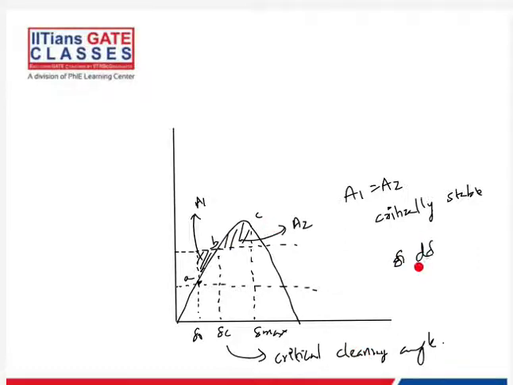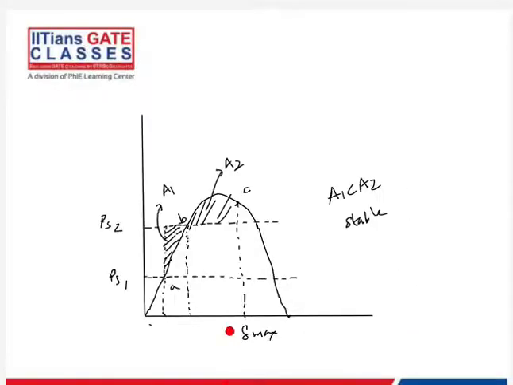At this critical clearing point, dδ/dt will be exactly 0, and here between delta 0 and delta max, dδ/dt will be less than 0, which is still fine.